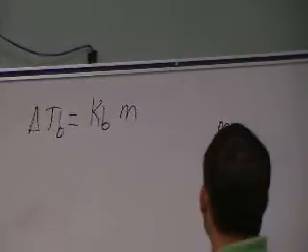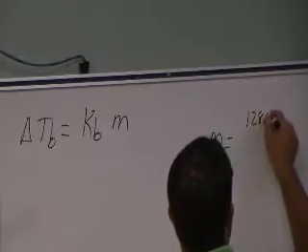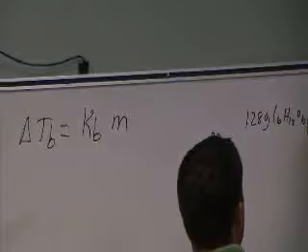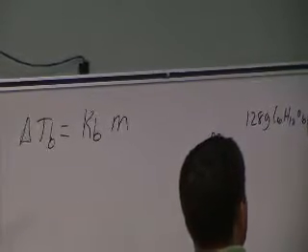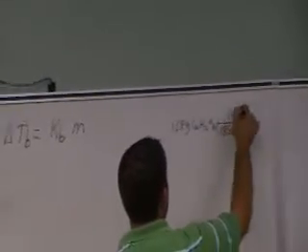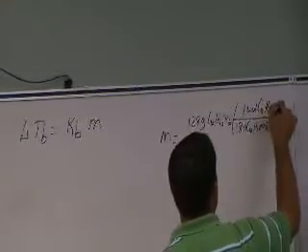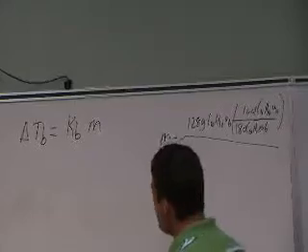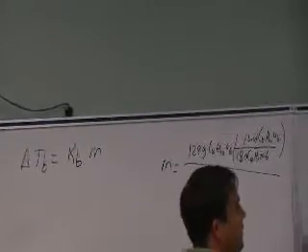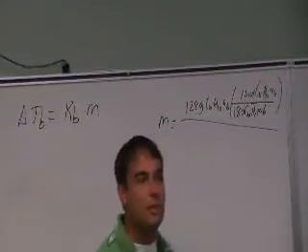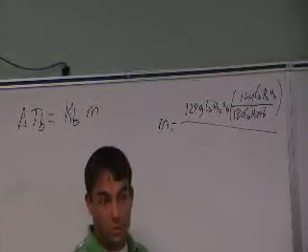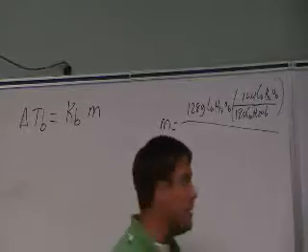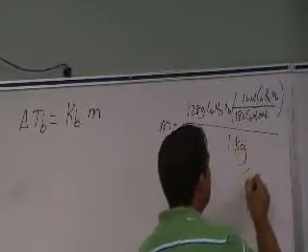So that's going to be 128 grams of C6H12O6, with 180 grams of C6H12O6 per 1 mole of C6H12O6, divided by the kilograms of the solvent. So how many kilograms of solvent do we have? Right, 1 kilogram. There's 1,000 grams on the board, but she's converted in her head to 1 kilogram.